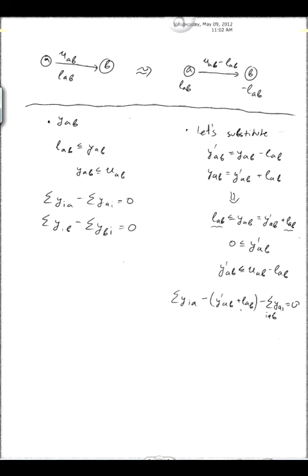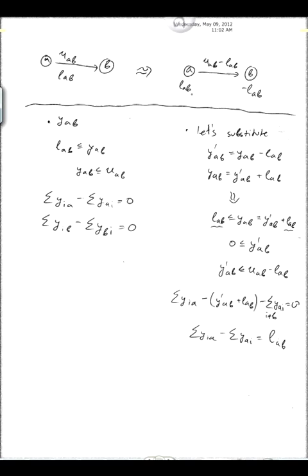Now moving the L to the other side, we get everything going into A minus everything going out of A, and on the other side we get a plus L, because here we had a minus L. So that created a demand of L at node A.